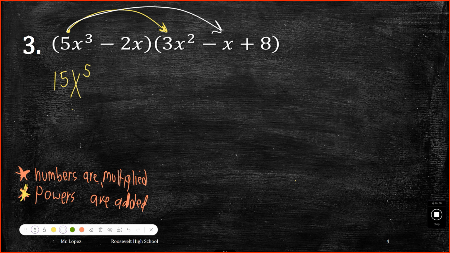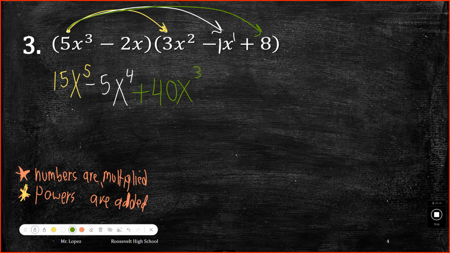What's the number if it doesn't have anything there? 5 times negative 1 is negative 5. x3 times x1, 3 and 1 is x4. 5 times 8. What's 5 times 8? Is that 40? Just bring it down.